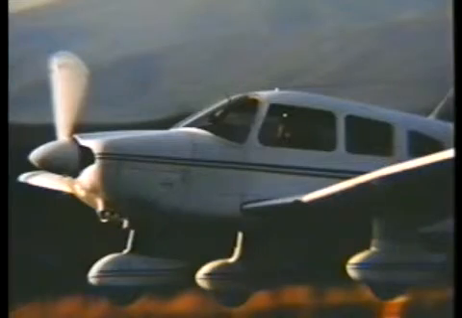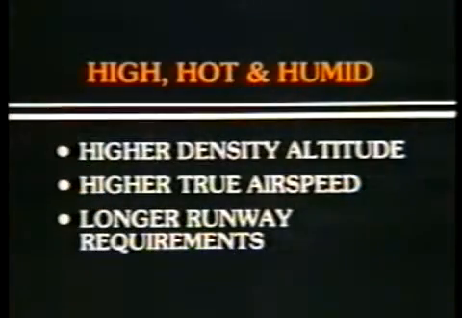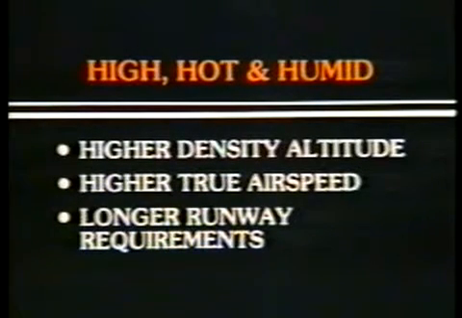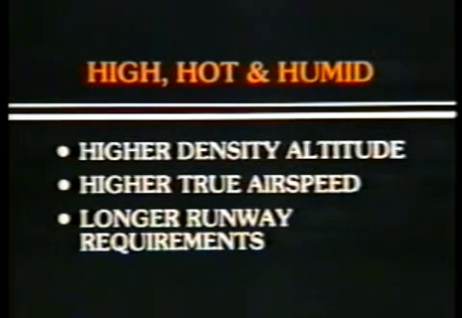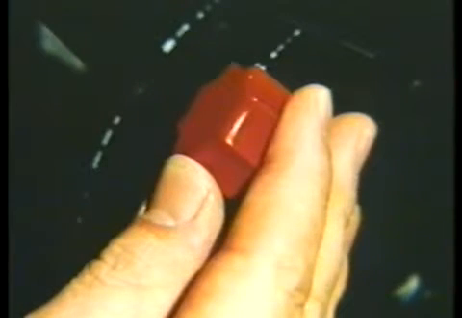But pilots should never forget that high, hot, and humid means higher density altitude, higher true airspeeds, and therefore longer runway requirements for takeoff as well as for landing. High, hot, and humid also means there may be a potential need to lean the fuel-air mixture on landing to assure good engine performance, both on the approach as well as during the go-around.